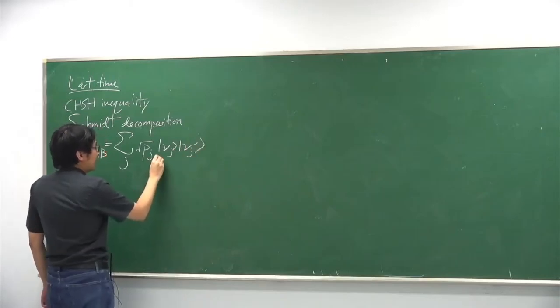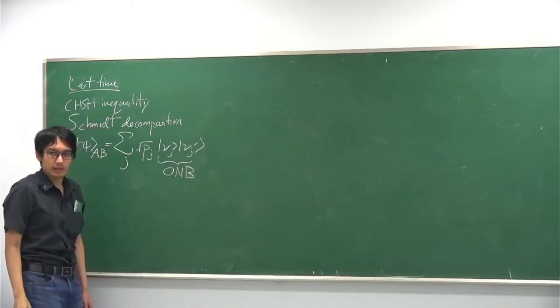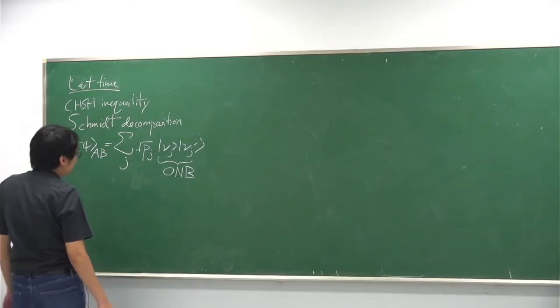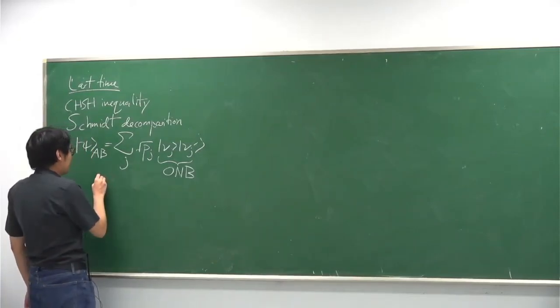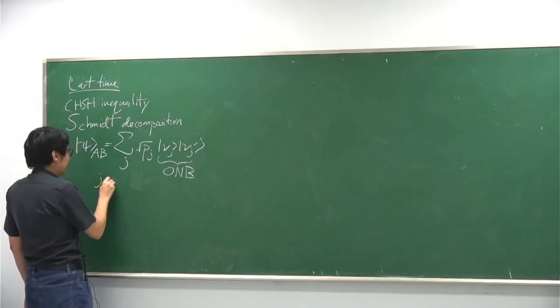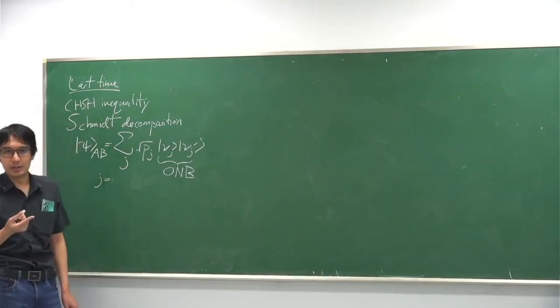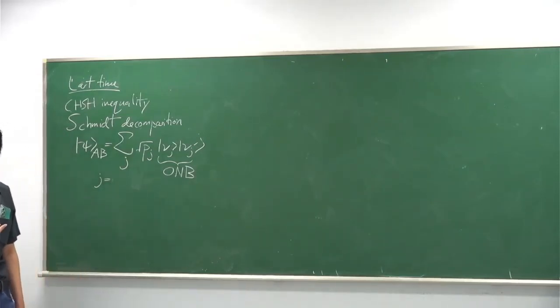Right, where these are orthonormal bases in the respective spaces. And to be correct, the number of terms in the sum is basically the rank of the matrix that we do the SVD on, or equivalently the number of non-zero singular values.